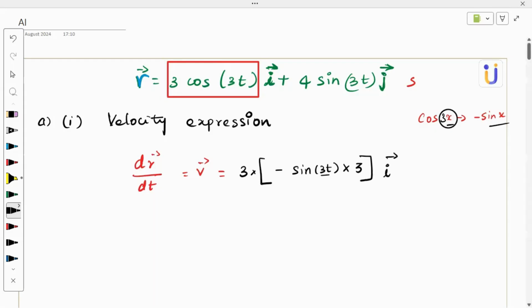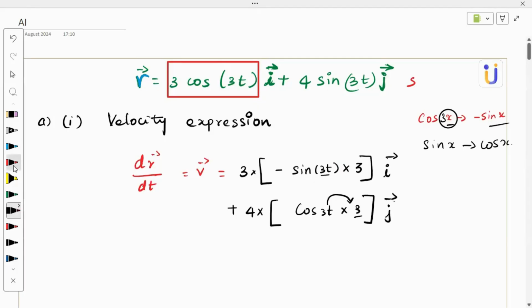That's the i vector. Plus the next part, same. 4 is a constant, keep as it is. Sine x, when you differentiate, is cos x. But sine 3t, when you differentiate, gives cos 3t, then you multiply by 3, the differentiation of the input. Then the j vector.